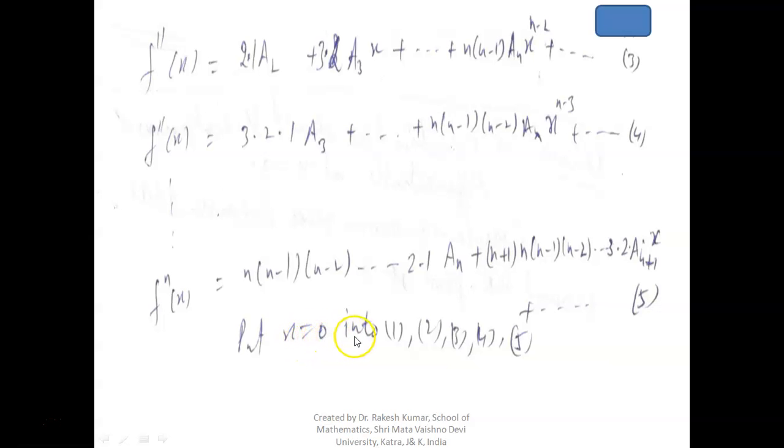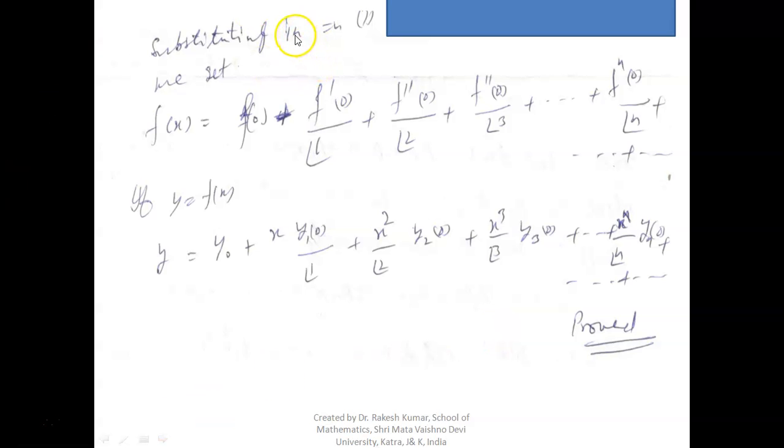So putting x equal to 0 into equations 1, 2, 3, 4 and 5, we get f(0) equal to a naught, f dash 0 equal to a1 into 1, that is a1 equal to f dash 0 upon 1 factorial. f double dash 0 is equal to 2 into 1 into a2, this implies a2 equal to f double dash 0 upon 2 factorial. f triple dash 0 gives a3 similarly, and for the nth derivative at x equal to 0, this implies an is equal to fn(0) upon n factorial.